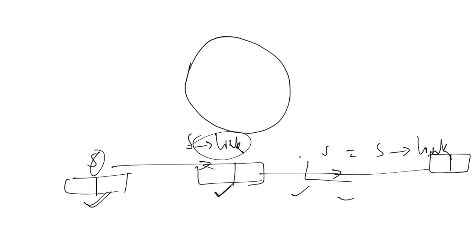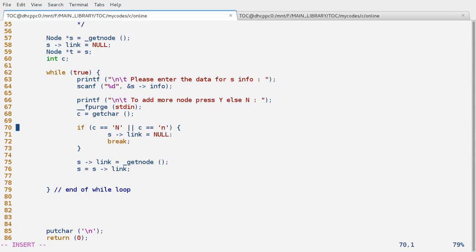and then the third time it's going to point here. So if we want to use s to print the content of the linked list, then we cannot get all the data. We'll get only the last data. So that is why I have stored this value of s into this temp variable t.